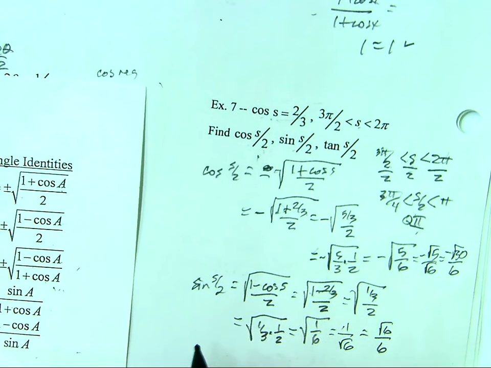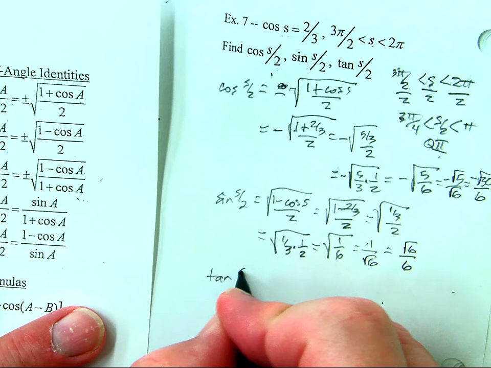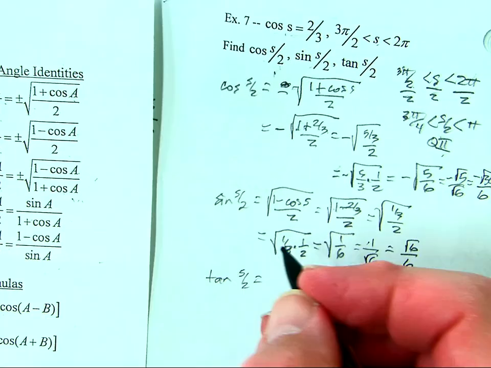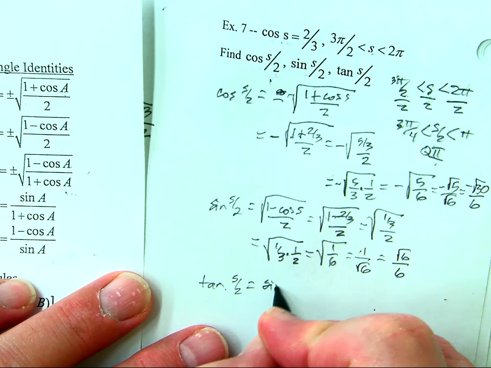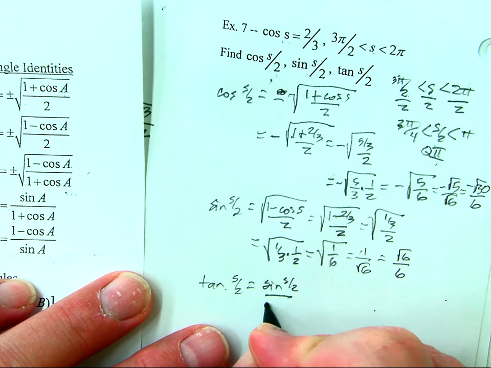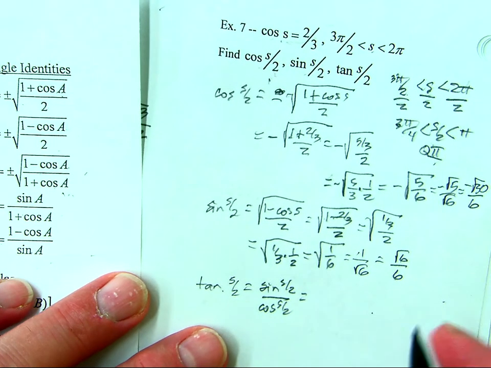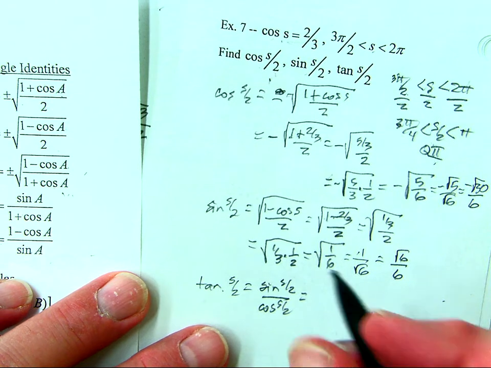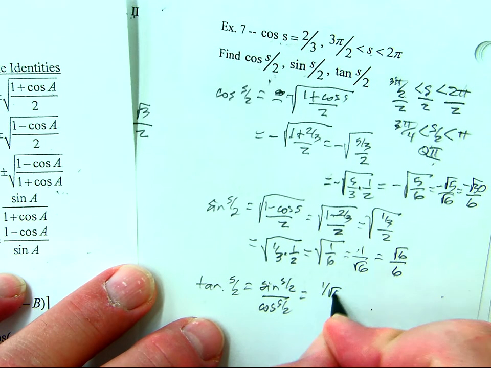Then the last one, for the tangent of s over 2, you could use the identity. I like going back, since I already found the first two. We know tangent equals sine over cosine. So that's the sine of s over 2 over the cosine of s over 2. Well, since we already found those, the sine of s over 2 was 1 over radical 6.